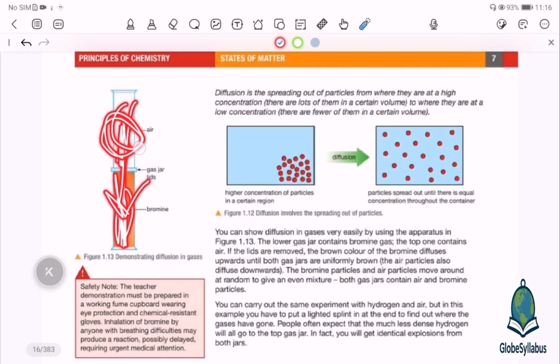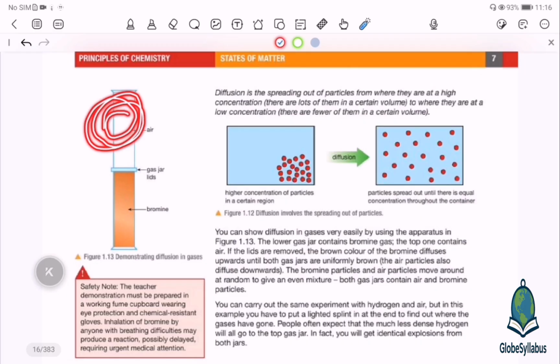Because here we have a high concentration of air, and here we have a low concentration of air. Here we have low concentration of bromine, and here high concentration of bromine. So bromine will diffuse upward, and air will diffuse downward. After some time, you will see that the color becomes uniform.